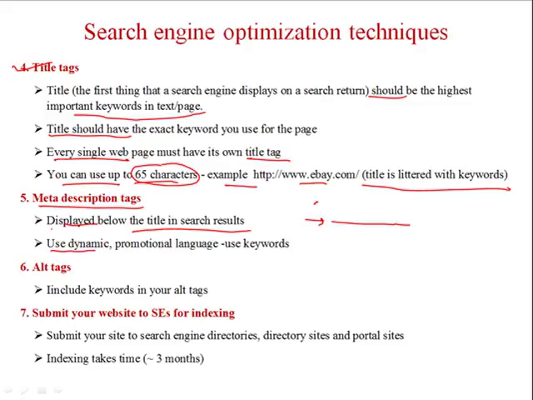Use dynamic and promotional language. Use keywords for such meta description tags. You can use alt tags for your pictures so that the pictures you are using to enhance the visibility of your site will help you in ranking also.